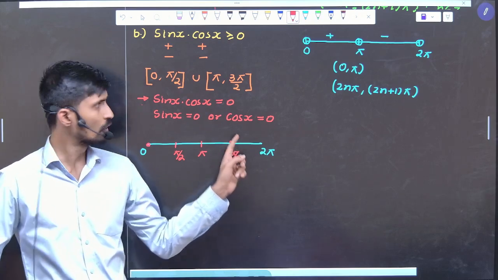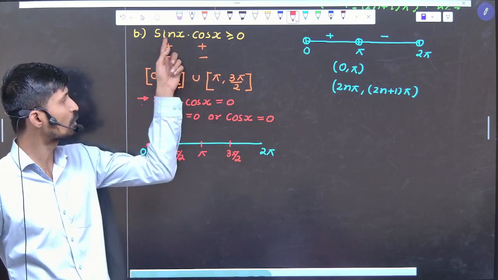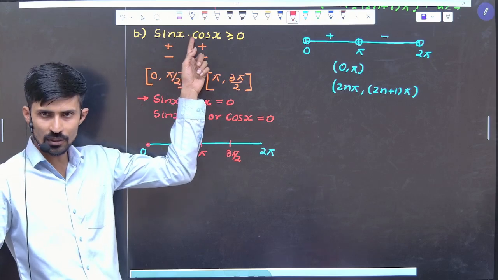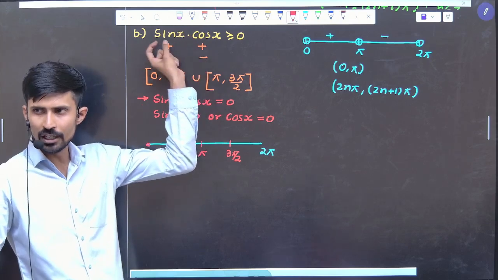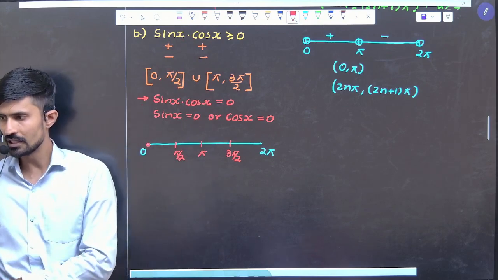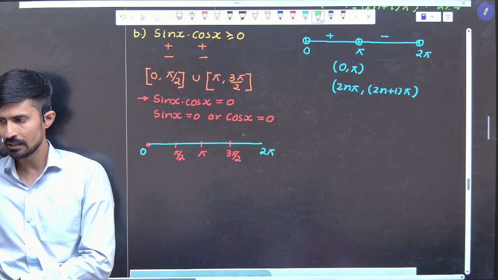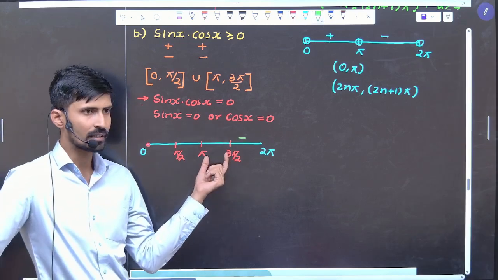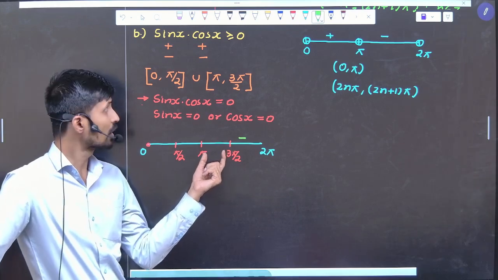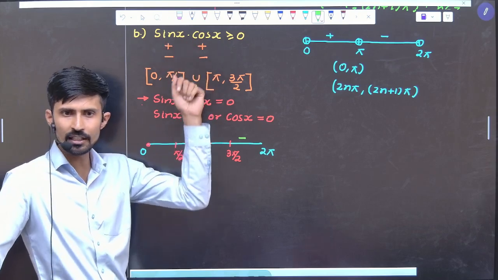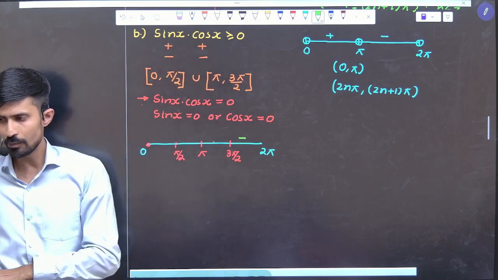In the fourth quadrant, sine is negative and cos is positive, so negative into positive gives a negative value. In the third quadrant, sine and cos are both negative, and negative into negative is positive, so you will get a positive sign.